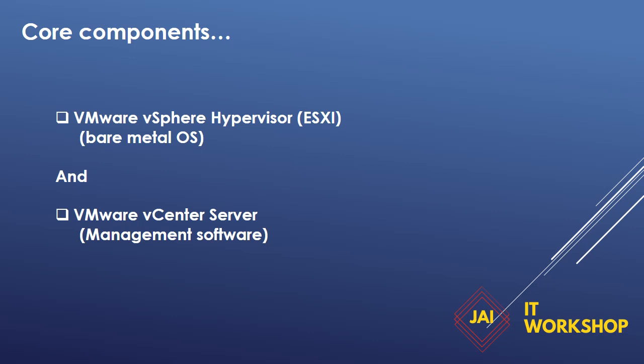If you want to do network virtualization or cloud deployment or App Defense or a few more VMware products which are not part of VMware vSphere, you will need at least these two products. Because when you have a hypervisor, a base OS, on top of that only you can create virtual network or virtual storage. So we are going to talk about these two products only.